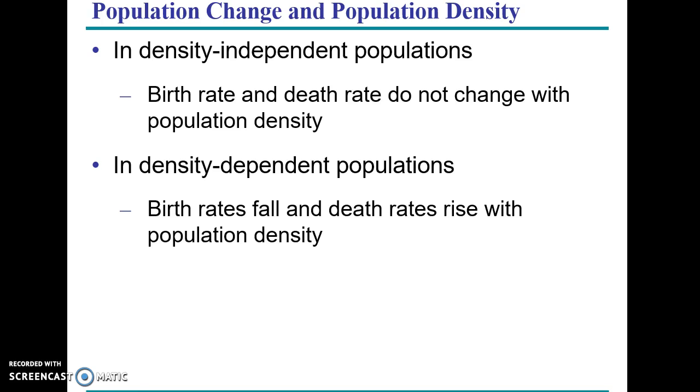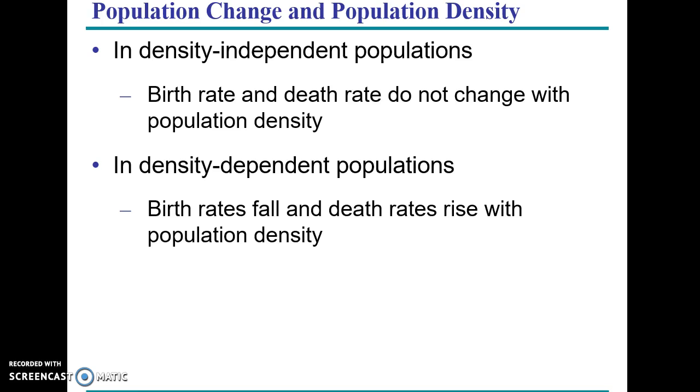That's not because there's a high density of people living there. It's because they have less access to resources. However, in a density-dependent population, if the density is very high, if there's already a lot of animals in that brood, the birth rates will fall and the death rates will increase. Why is that?